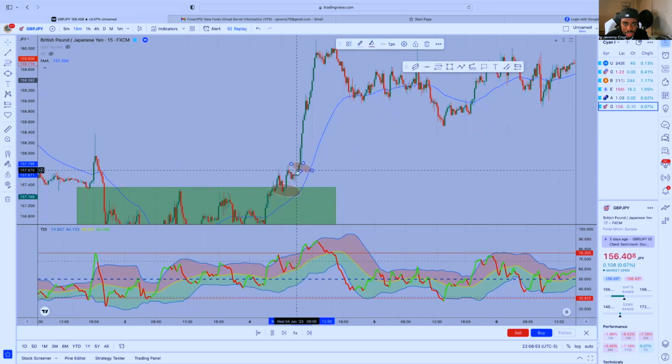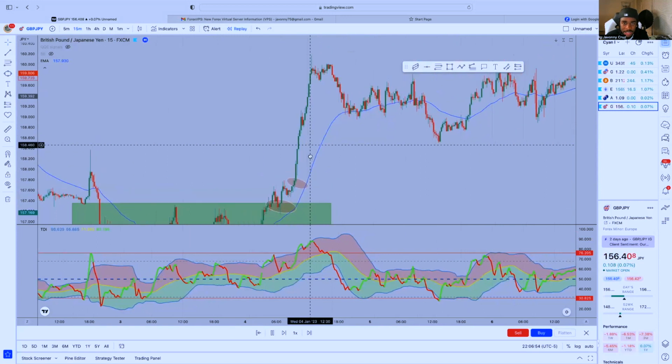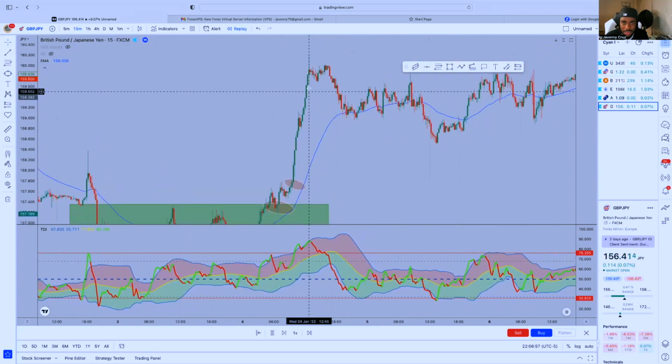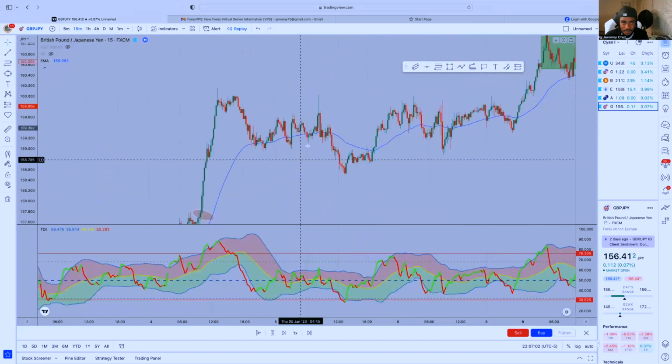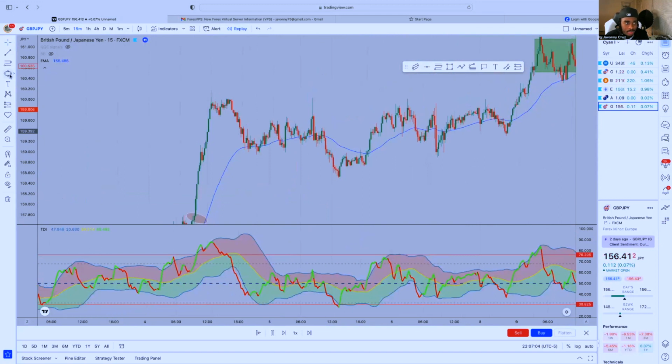This would be your entry, and it will just take partial profits the whole way, trailing and stopping until it gets hit. At that point you have to know that the trend is over, especially once we get below the 50.